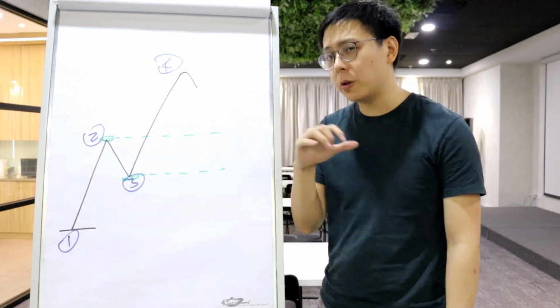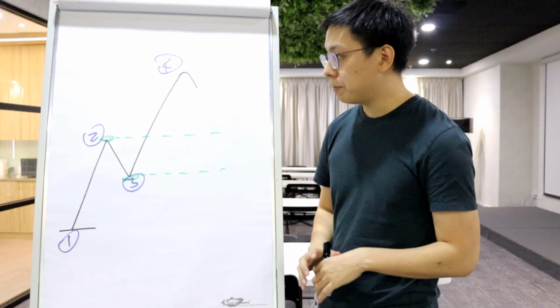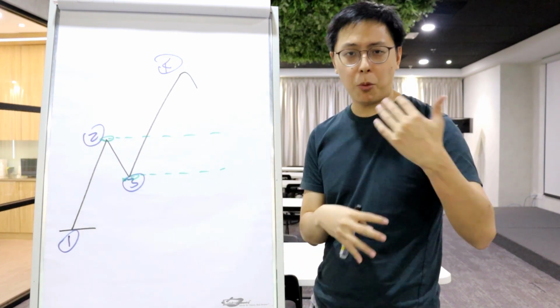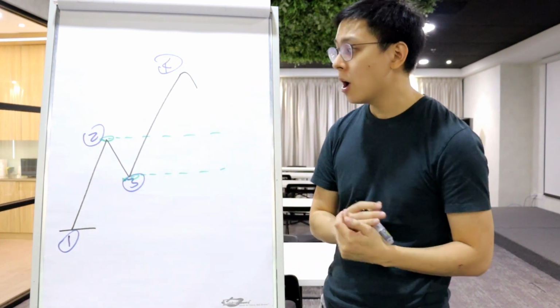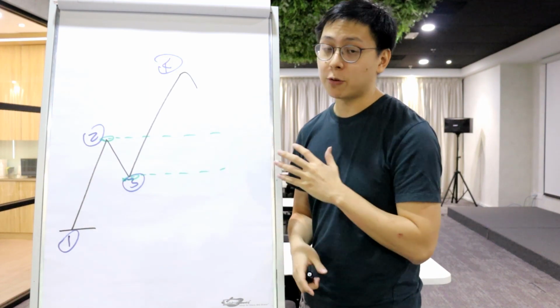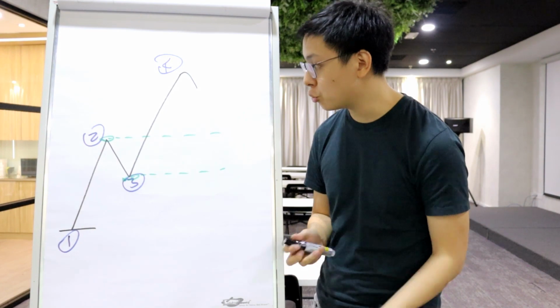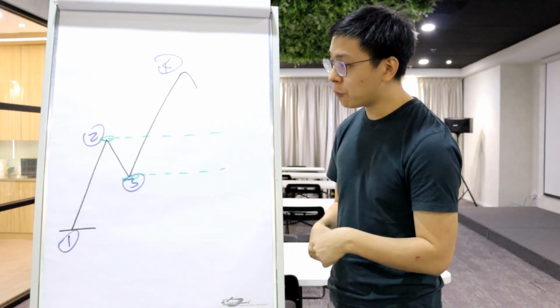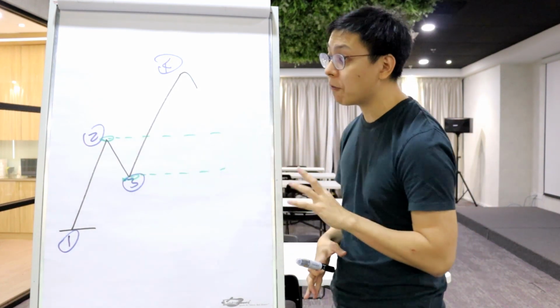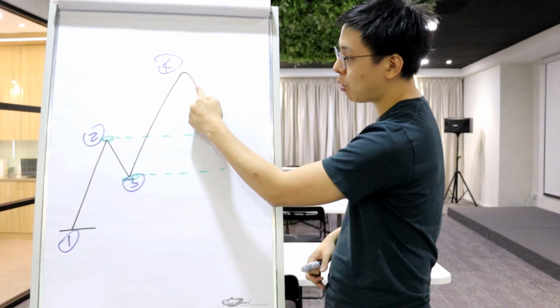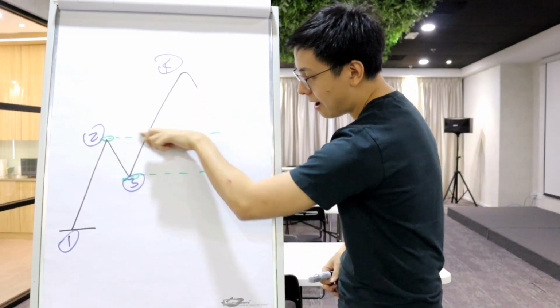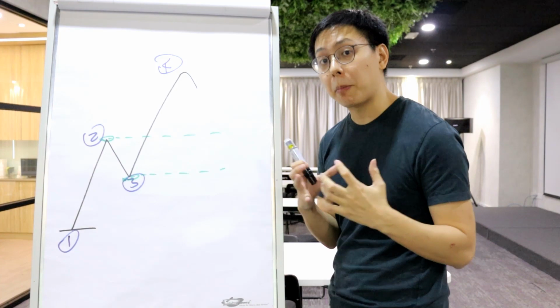I don't like to call it support and resistance, because with this concept, support can turn resistance and resistance can turn support, so I'll just call them structural levels. In other words, these are key levels that you might want to pay a little more attention to. You can straight away trade off these. If price continues to come back down towards this key level, it's a good place to look for a buy opportunity.